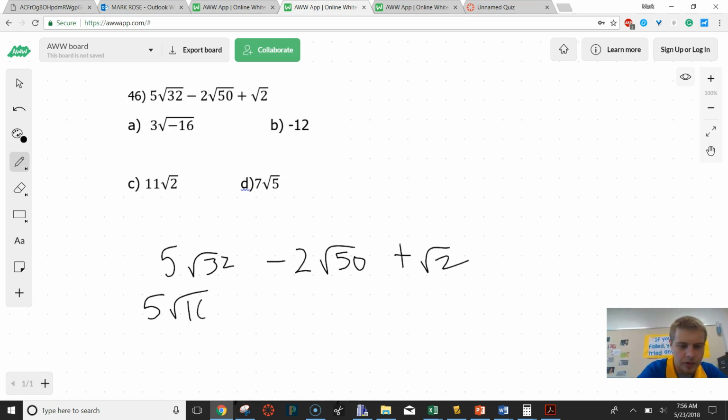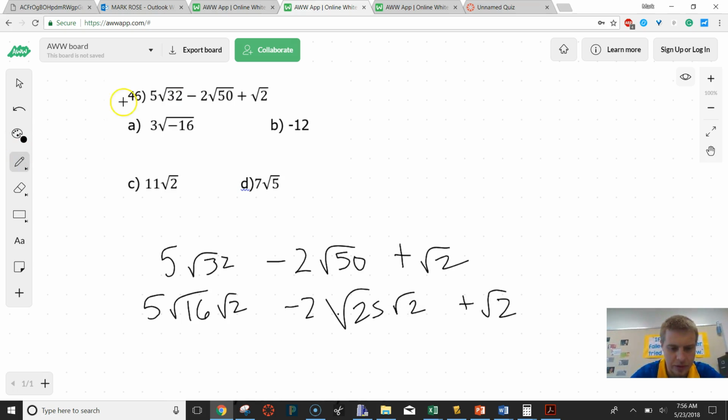32 could be broken up to 16 and 2. 50 could be broken up to 25 and 2. And 2 is just 2. Well, then we could make this a little simpler. What's the square root of 16? Well, that's 4.